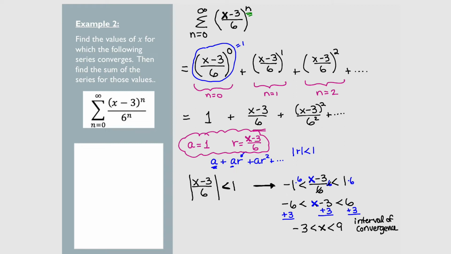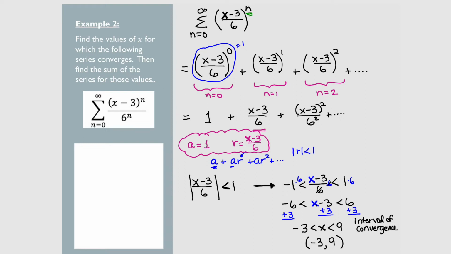So my interval of convergence is from negative 3 to 9, and your WeBWorK asks you to rewrite this specifically in interval notation. So you're going to want to write it as open bracket negative 3 to 9, open bracket again. So let me write down what I have so far.